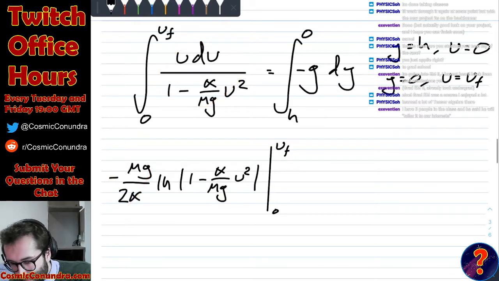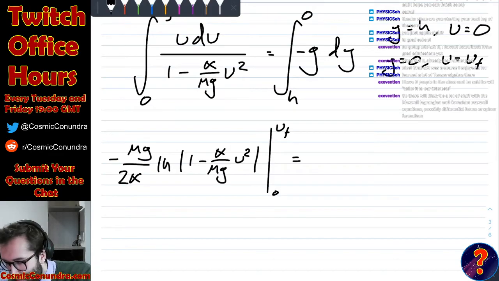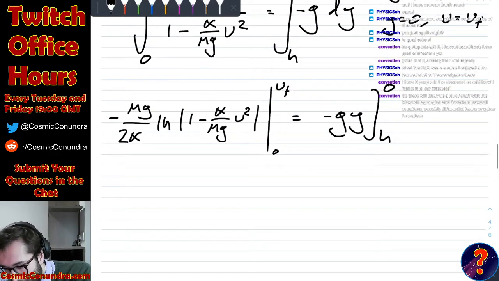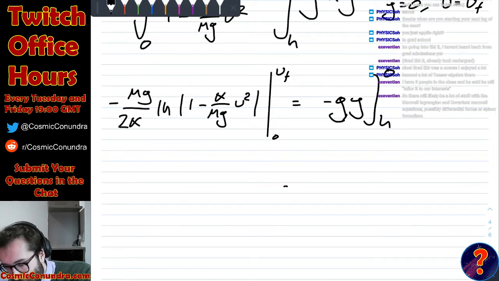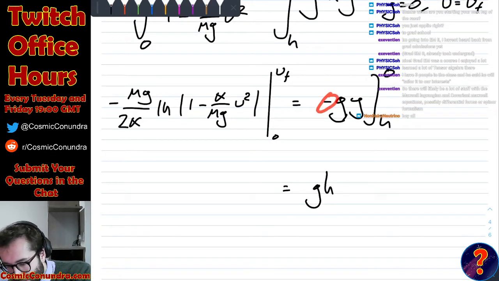Okay, so that's all fine. And then on the right hand side we have minus gy evaluated between 0 and h. So on the right hand side that gives us gh. Now the minus cancels the kind of minus you get from here because this is a lower limit.